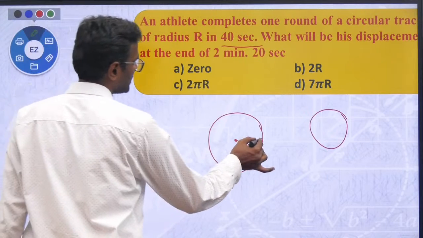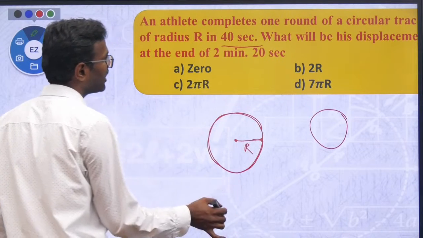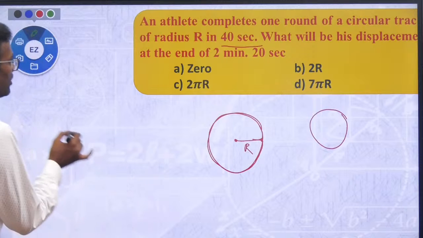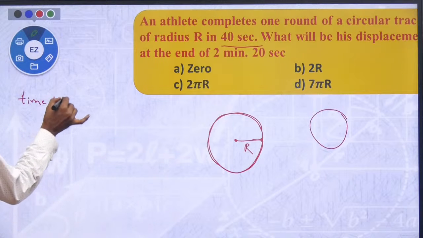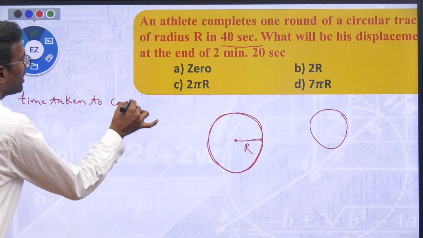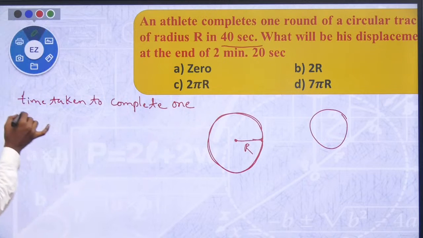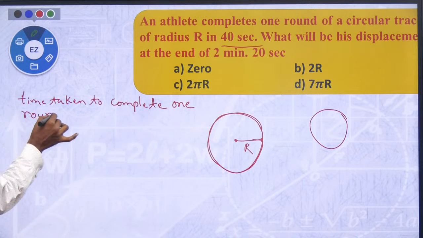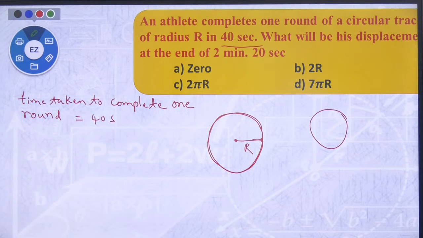So how much time do we take for completion of one round? Time taken to complete one round in the circular path is 40 seconds.